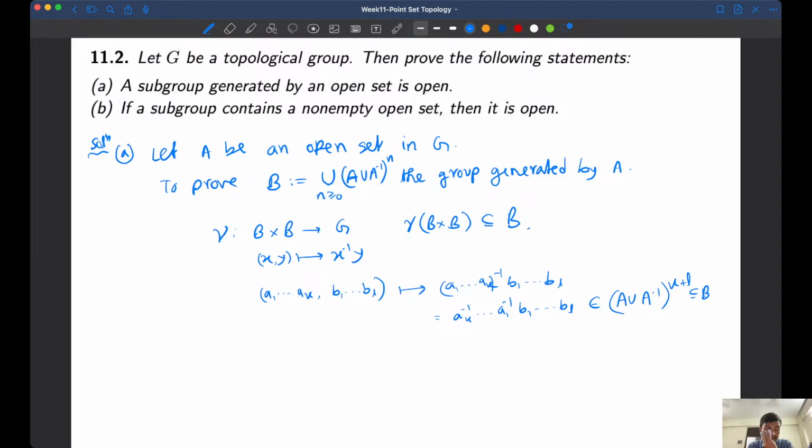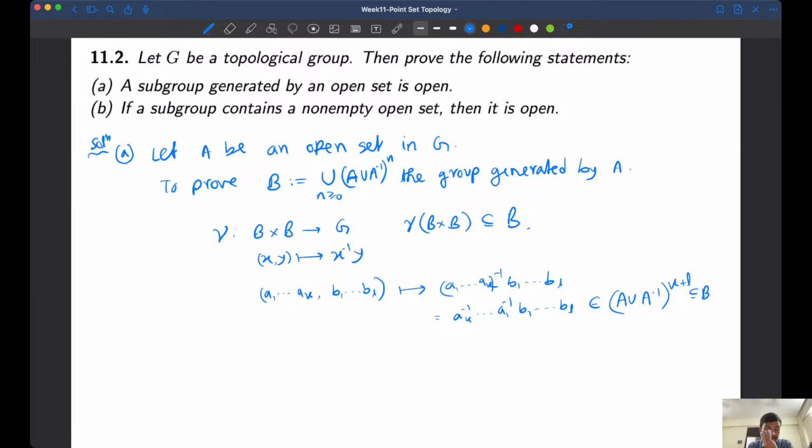That's why I'm proving that the image of B cross B under this map is contained inside B. Then it is a subgroup.